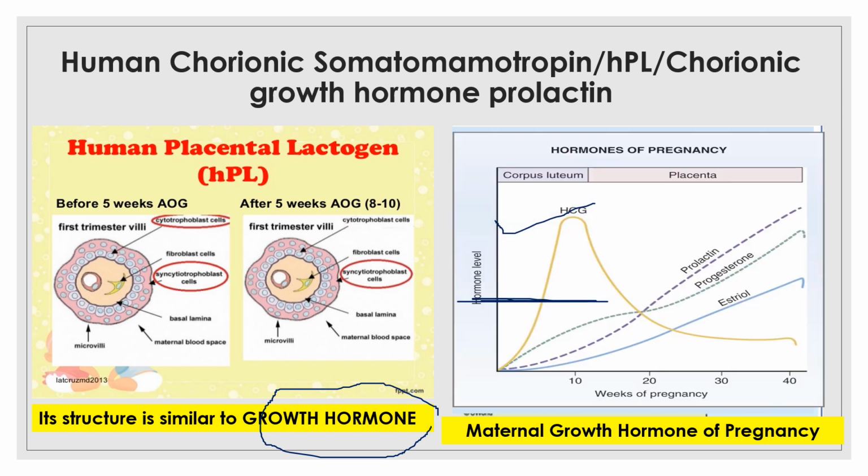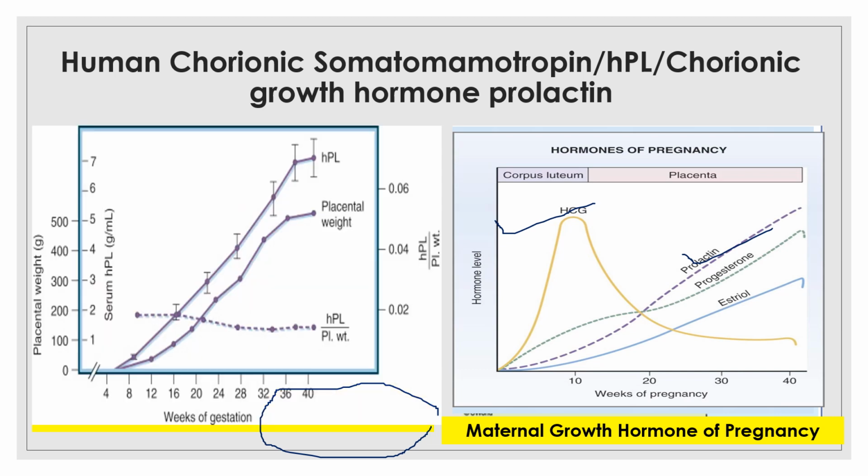Now we can see from here, these are the hormones secreted from the placenta. We can see HCG is this hormone, and this is the HPL, prolactin. You can see it is gradually increasing in amount. Okay, and it is said that the amount of HPL secreted is proportional to the size of the placenta, which normally weighs about 1/6 as much as the fetus.